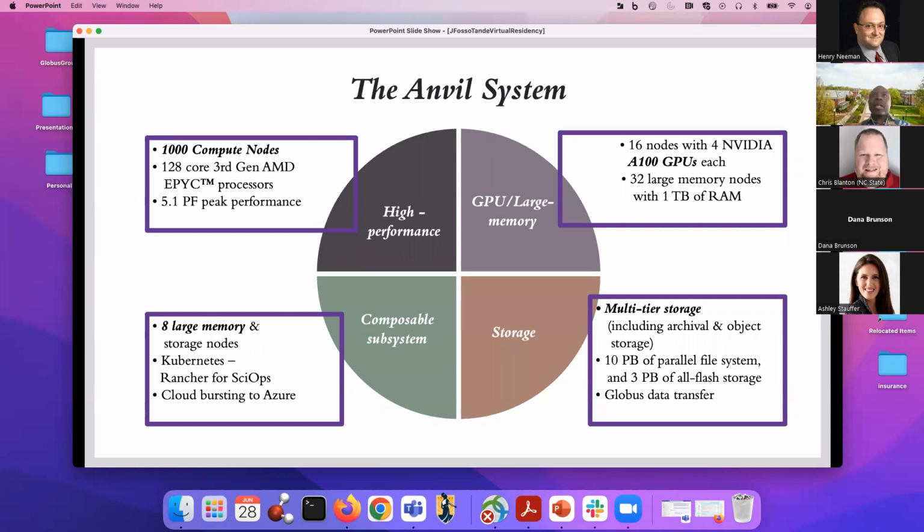You could equally go into cloud bursting to Azure. And you have a GPU subsystem with 16 nodes with NVIDIA A100 GPUs each. And of course, you have storage, which you will need for a system like this, with about 10 petabytes of parallel file system and access to Globus for data transfer.